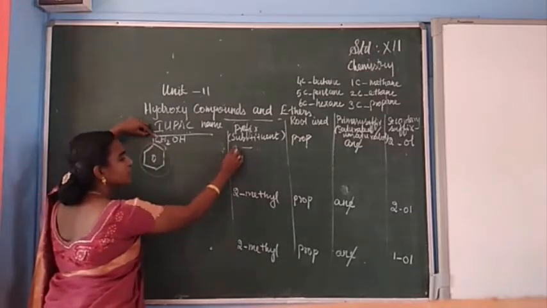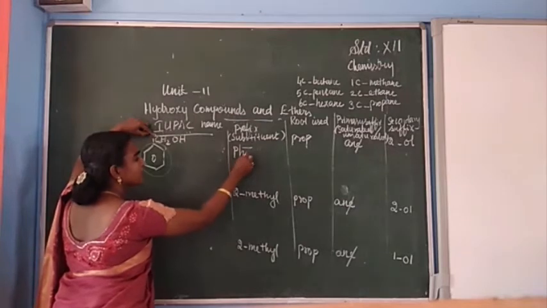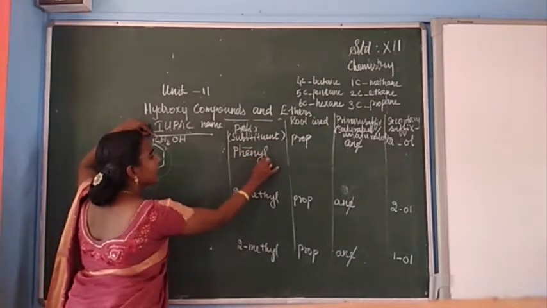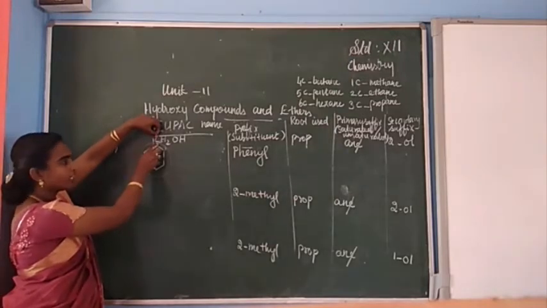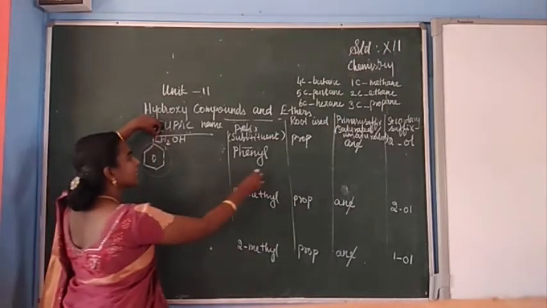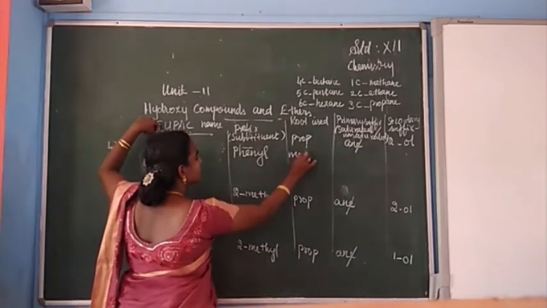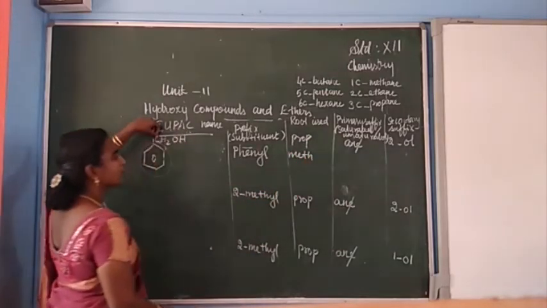So the prefix substituent name is phenyl. Next, root word. Number of carbons, only one carbon. This will be taken as, instead of methane, meth. Next, primary suffix.